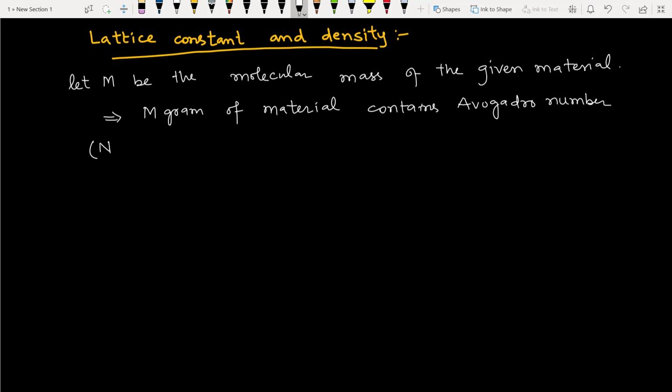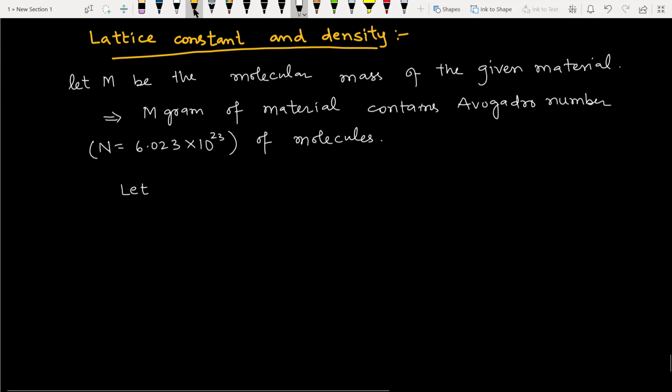Avogadro number we designate with capital N. It is 6.023 10 raised to power 23. This is a simple mole concept.